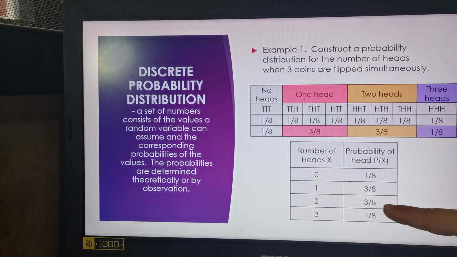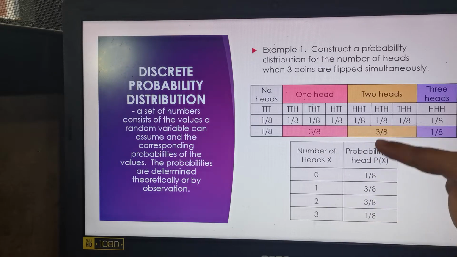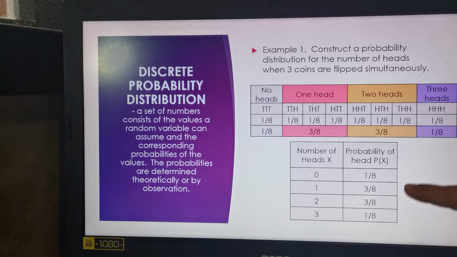For 2 heads, also 3/8. For 3 heads, 1/8. So that is how you make a probability distribution for certain events.